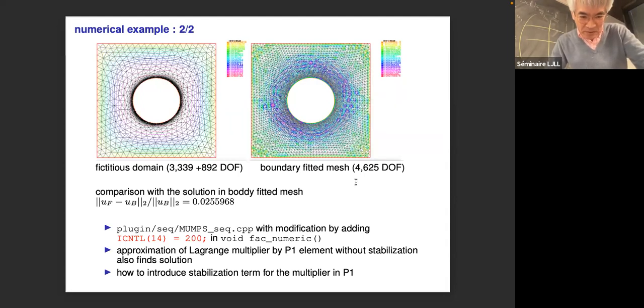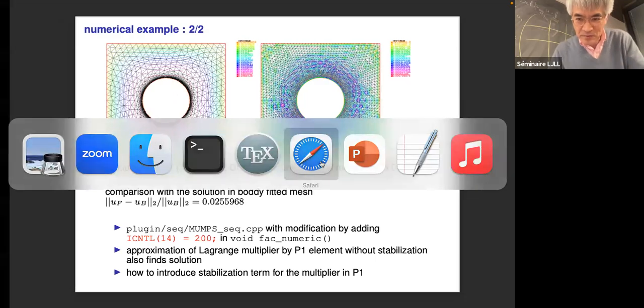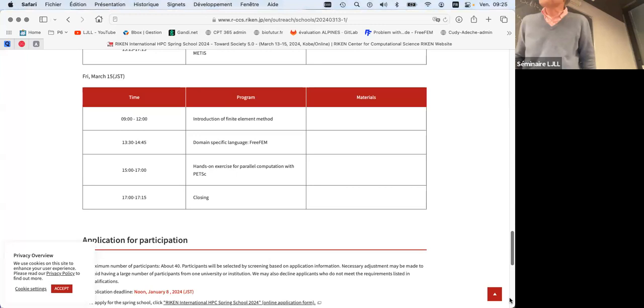Advertising for my activity in Japan: I sometimes run a school on the advertising curriculum in Japan. This is the schedule for March 15.